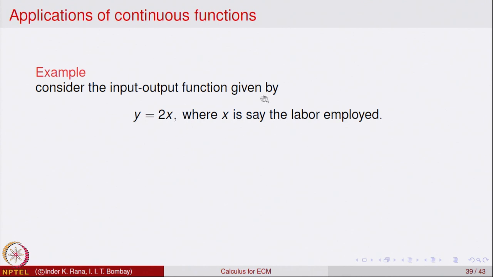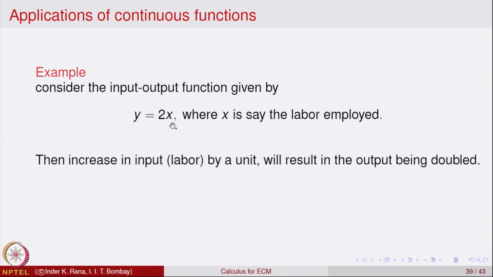Consider the input-output model for a function given by y equal to 2x, where x is the labor employed. This is the input-output model: the input is the labor and y is the output. It is a linear function, y equal to 2x.